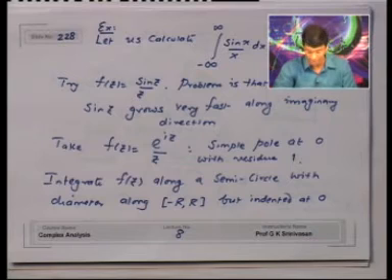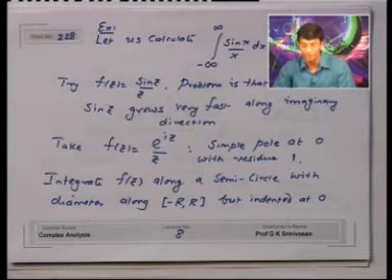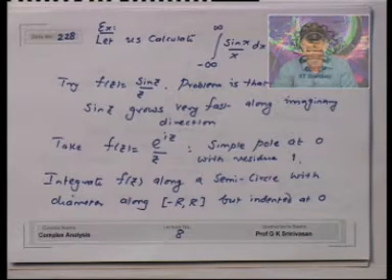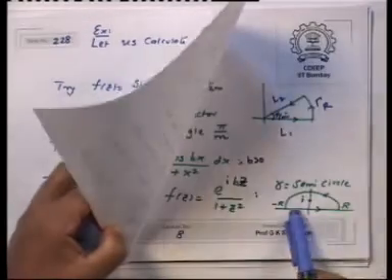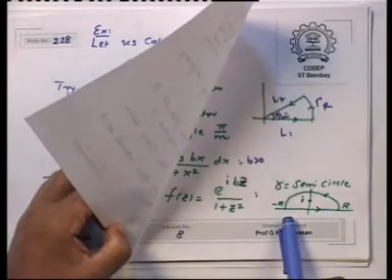So you take instead f of z equal to e to the power iz upon z. Where are the poles? It has a simple pole at the origin with residue 1. And integrate f(z) along a semicircle with diameter along minus R to R, the same semicircle that you had in the previous example.